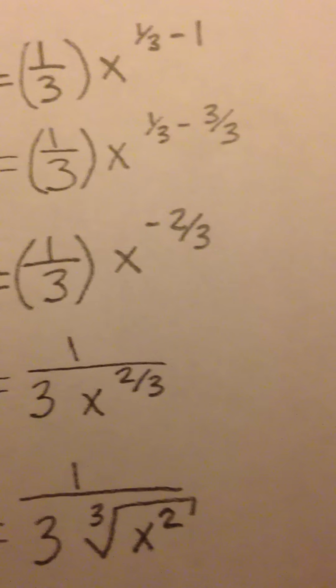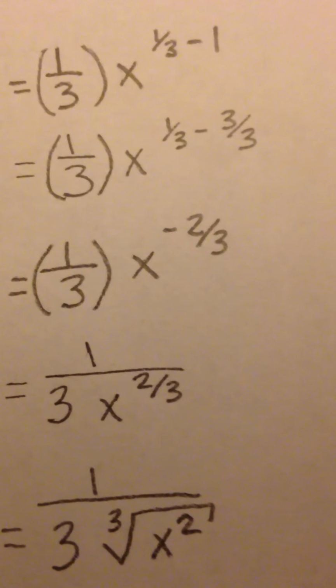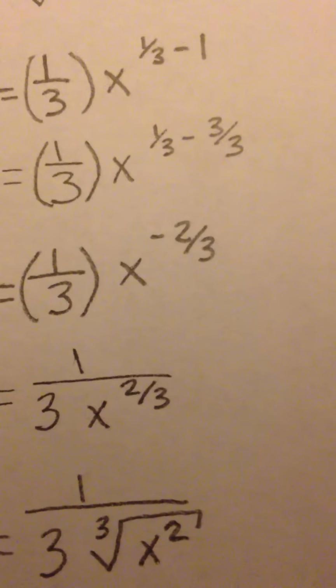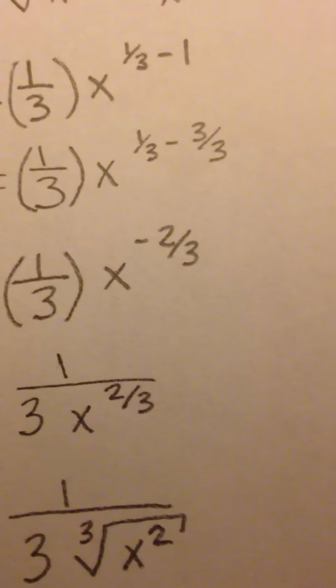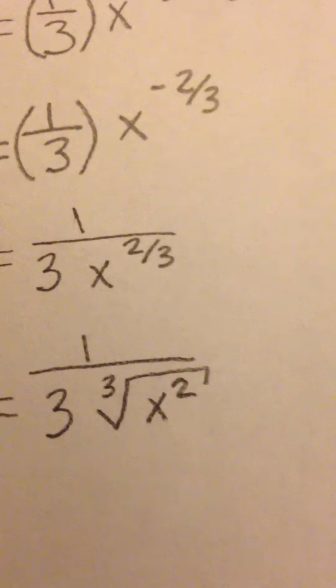And to kind of clean it up, 1 over 3 times x to the negative 2/3. The negative 2/3, the negative tells you that the x is going to go down into the denominator with the 3, and the negative sign goes away once you're there. Alright, so then we are looking at this.